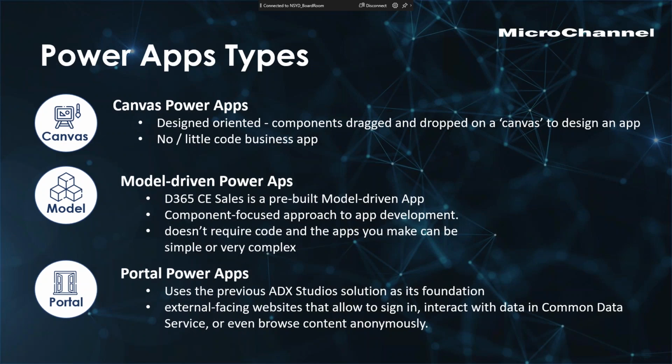The last one is the Power Platform apps, the Portal Power App, and that is probably the latest addition into the Power Apps family. And this really uses the previous ADX Studio solution as its foundation. So anybody who has a Dynamics portal or an ADX portal is now using a Power Portal app.